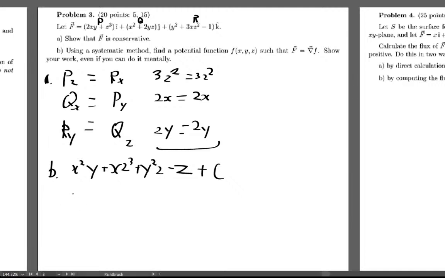You first try to find what f is. This is your first attempt, which would be x squared y plus xz cubed, okay? Plus a constant, which is a function of y and z.